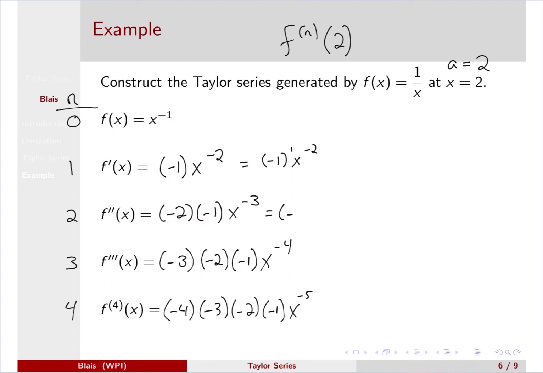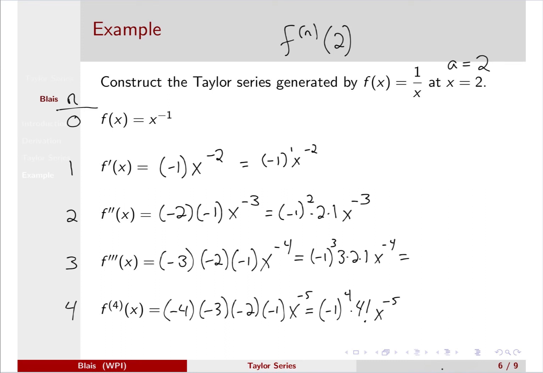So we could say we have minus 1 squared times 2 times 1, x to the minus 3. For the n equal 3 term, we have 3 copies of minus 1, 3 times 2 times 1, x to the minus 4. And in this case here, for n equals 4, we see we have 4 copies of minus 1 times 4 factorial, x to the minus 5.